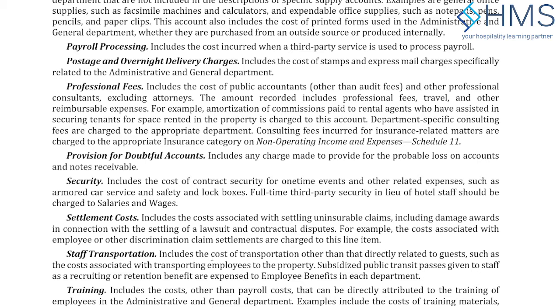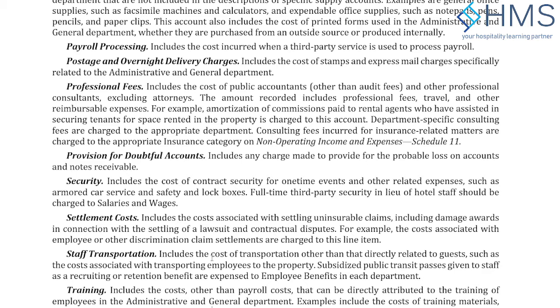Then you have security expenses, which is the contract security for one-time events or hiring for any specific functions. If it's long-term security, then the cost will go into contract services or labor cost.